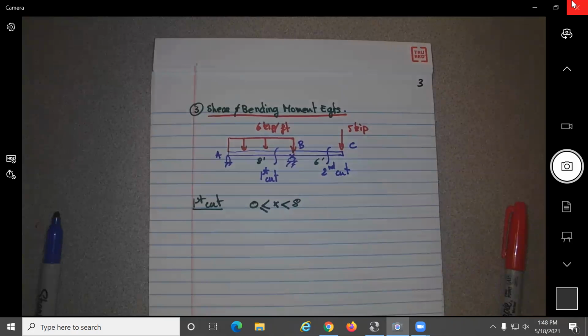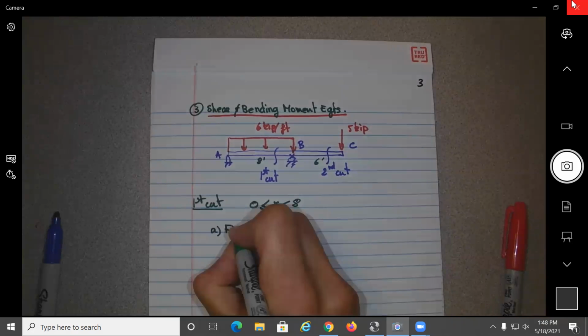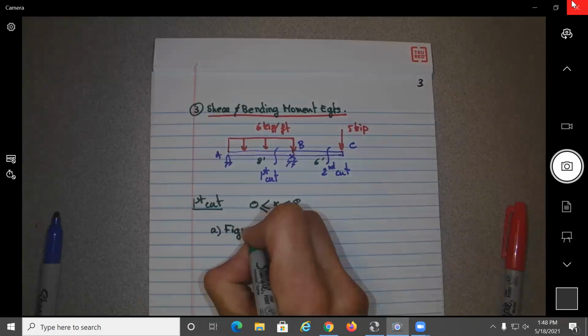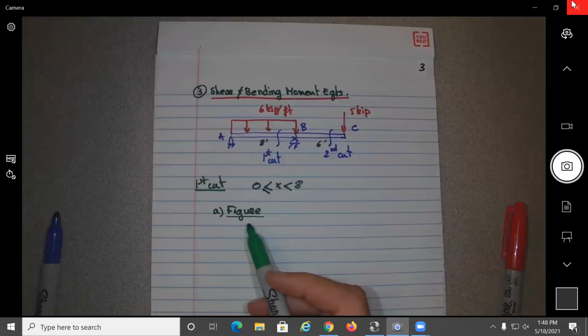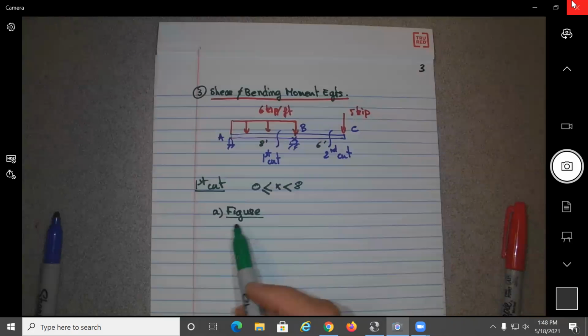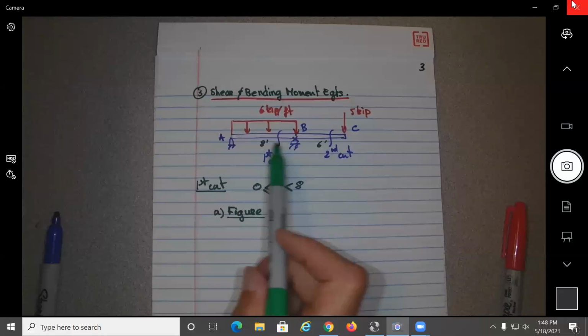Okay, so letter A will be to do what? Some type of figure. Again, I do this time for the first problem. After that, I'm not going to redo all these 1, 2, 3 in that much detail, no? But so figure. So for the first cut, what will be the figure?